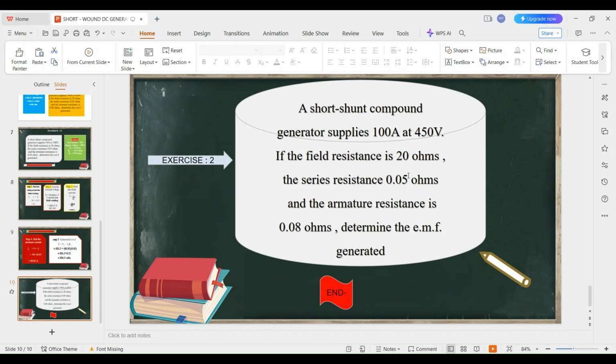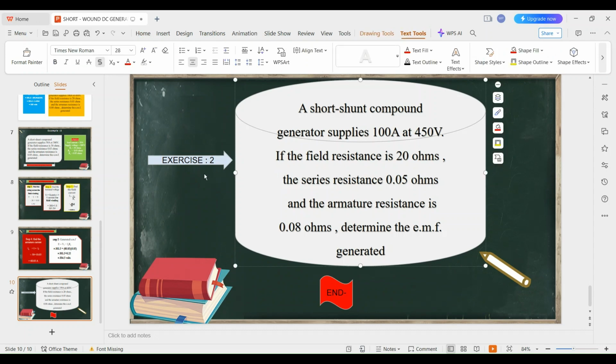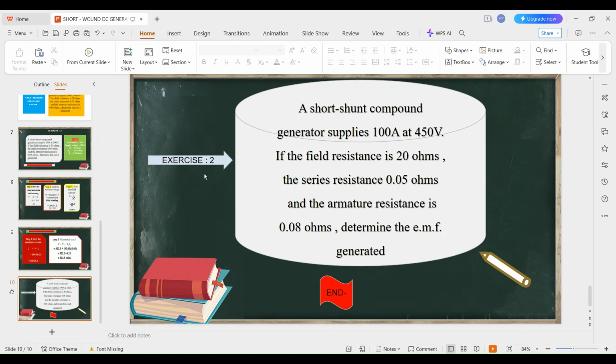If the field resistance is 20 ohms, the series resistance is 0.05 ohms and the armature resistance is 0.08 ohms, determine the EMF generated. This problem is not difficult, it's just a matter of following the steps that we have seen earlier one by one, and you'll be in a position to look for the EMF generated.